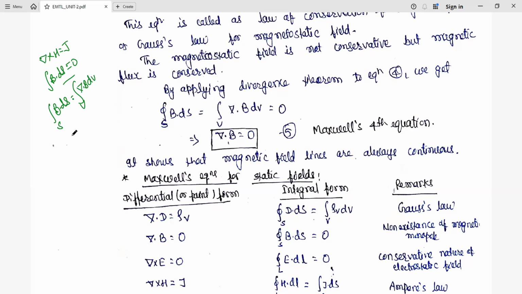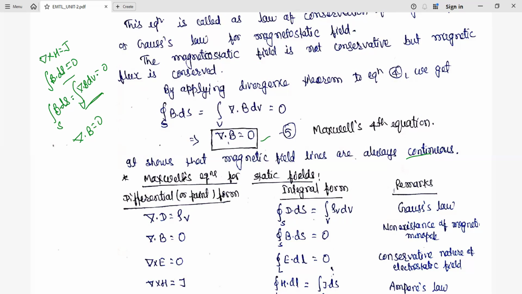We observe that the integral of B dot ds is already 0. So this expression is 0 when we have del dot B equal to 0. This is Maxwell's fourth equation. It shows that magnetic field lines are always continuous.